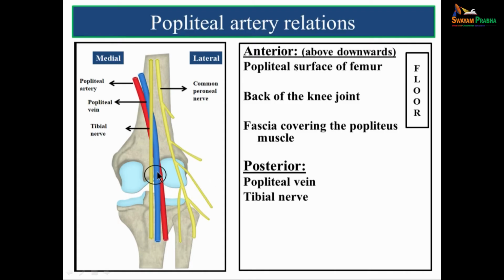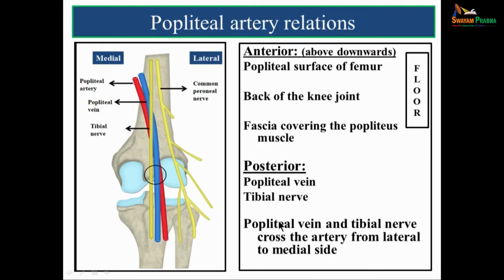Posteriorly, we have the popliteal vein and tibial nerve. They both cross the artery from lateral to medial side. Now you can see this picture. This is the nerve, this is the vein. These two structures cross the artery from lateral to medial as they course downwards.